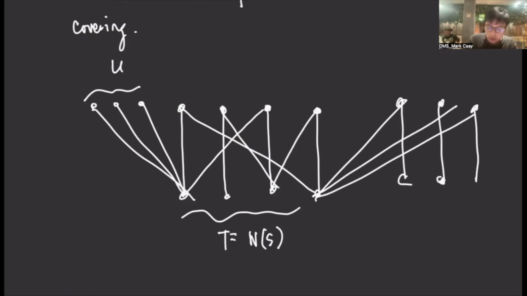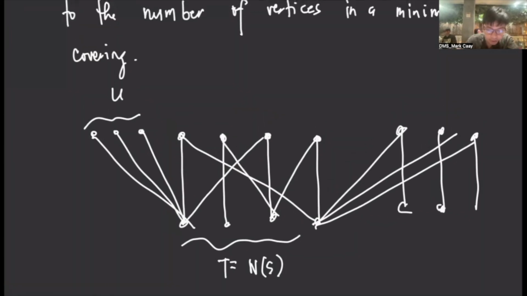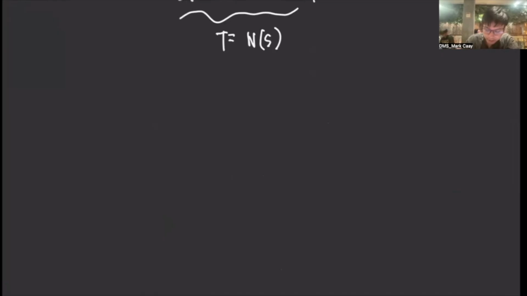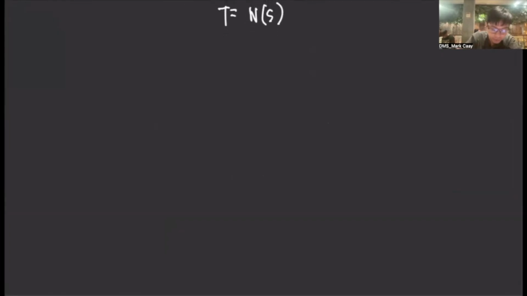So if you want to picture that out, the covering is a collection of vertices such that those vertices cover entirely the edges of G. So basically, the minimum there is actually the maximum in a matching. Which is pretty obvious. And I want you to double check on that. But I will show you the proof.